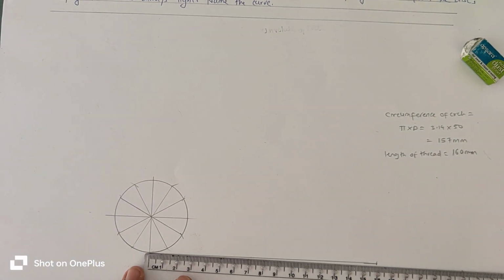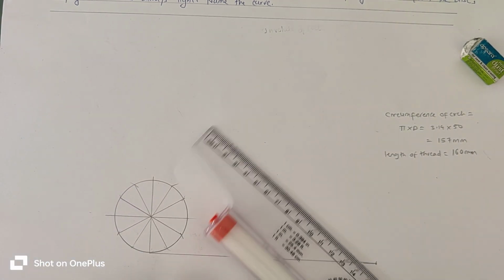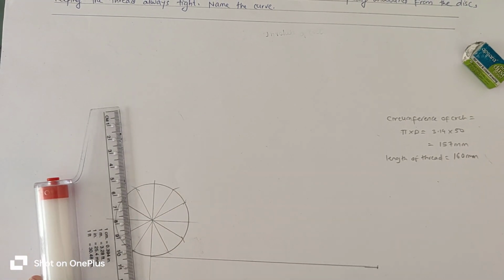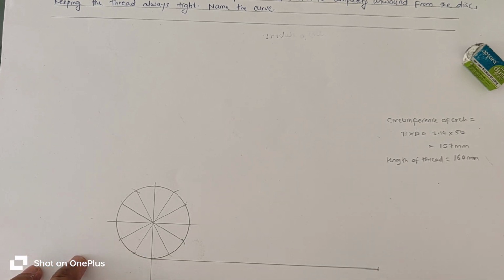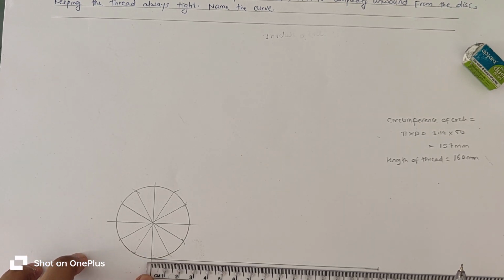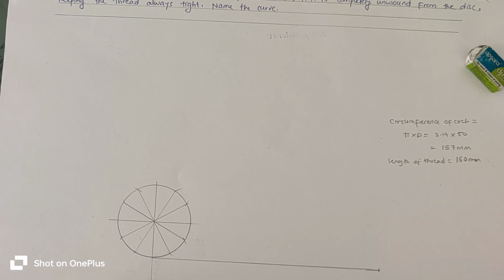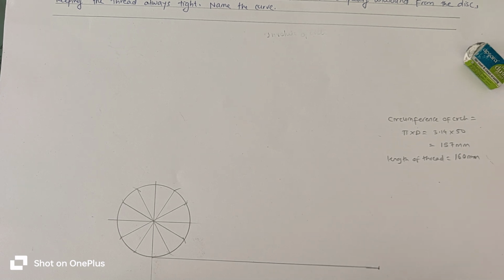So draw a faint line, and from this point and from this point draw a parallel line of length equal to the circumference of the circle. Then as we have divided the circle into 12 equal parts, divide this line, that is the circumference of the circle, into 12 equal parts by the inclined line method.